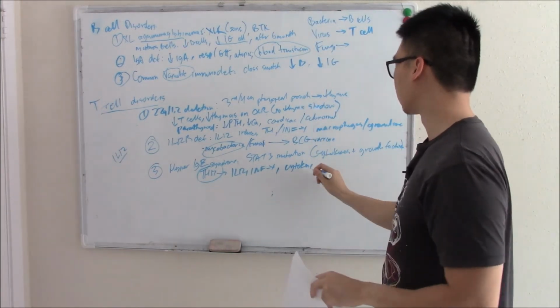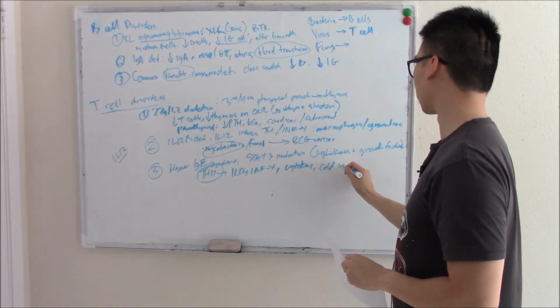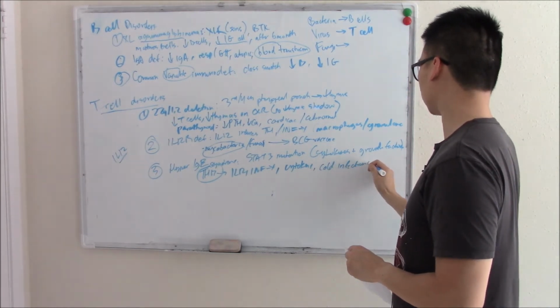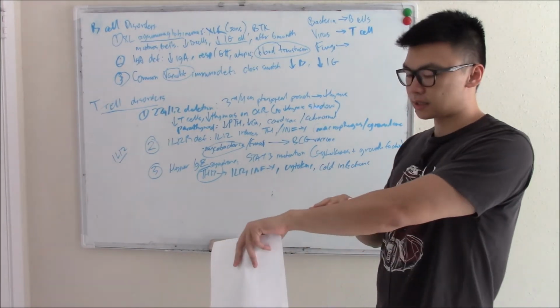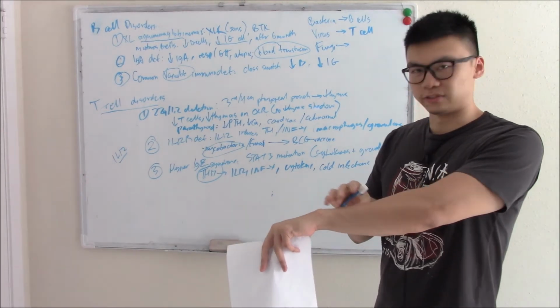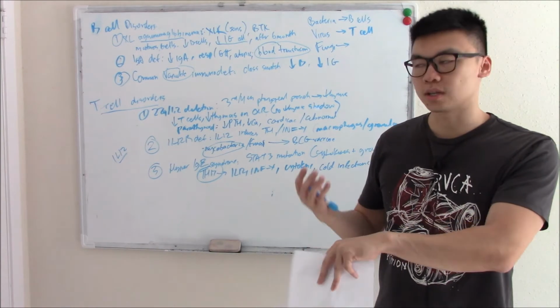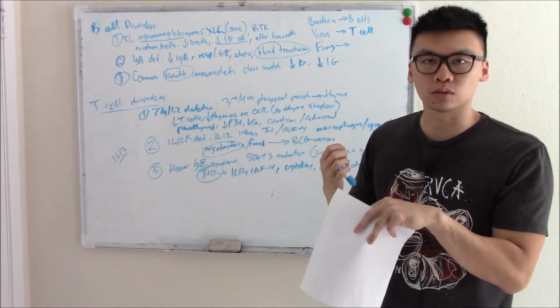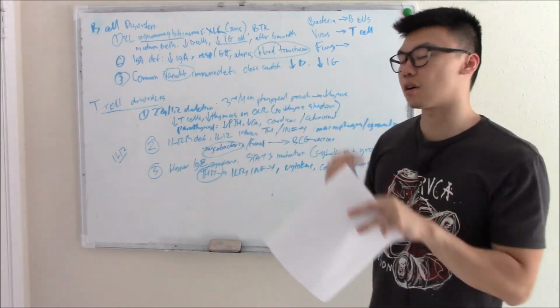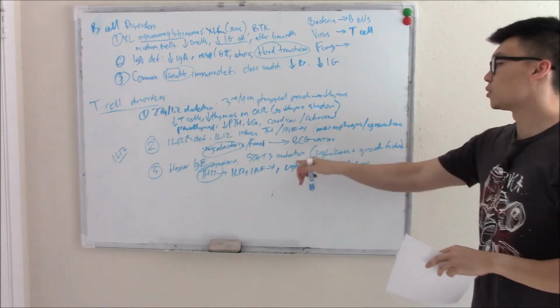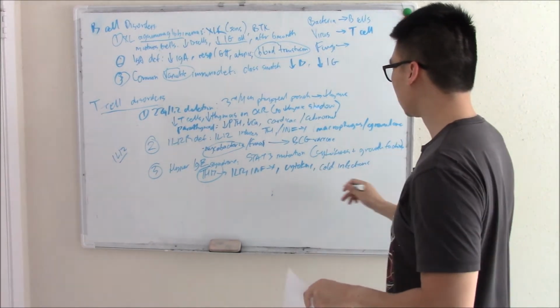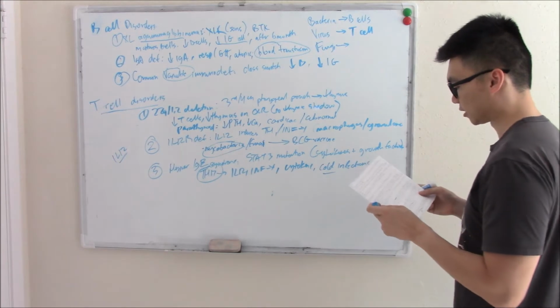And what you get is cold infections. Infections and abscesses that aren't inflamed, that aren't vasodilated, that don't hurt. Why? Because you don't have the cytokines that pull in neutrophils, that cause vasodilation, that cause all these things. You have a mutation in that. So you get cold infections.